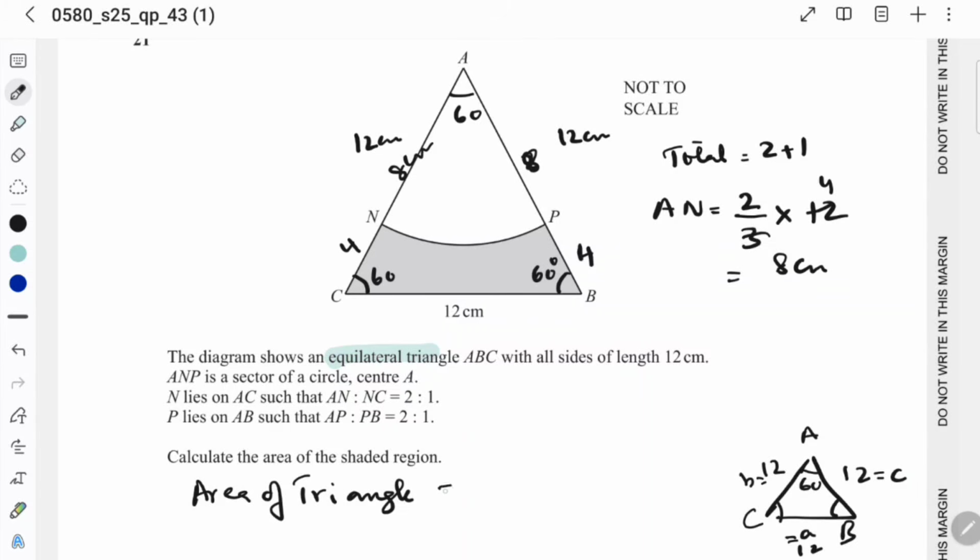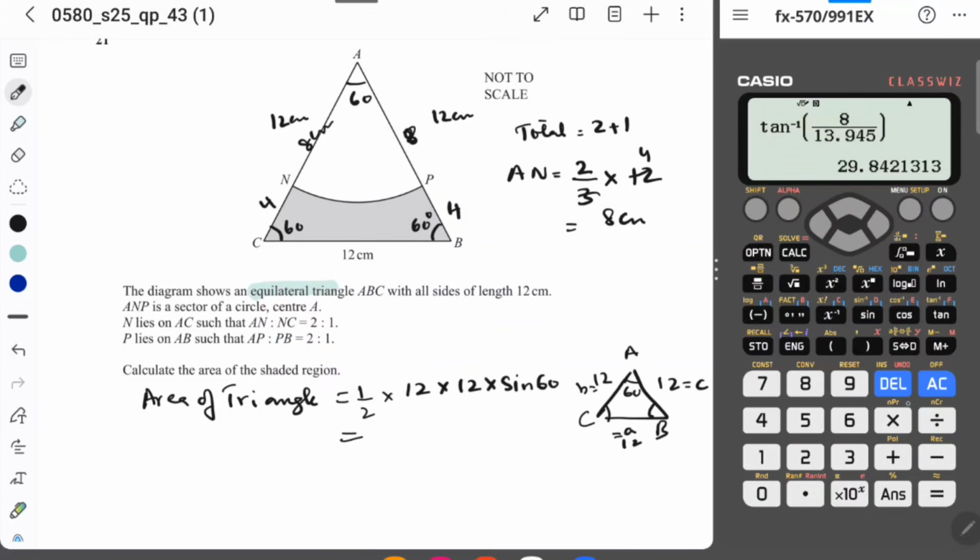From wherever you take, you will have half times 12 times 12 into sine 60. Calculate this number. You can also write it like this. This is 36 root 3. Don't write it in decimals because you are using it further. So that's a complete answer.